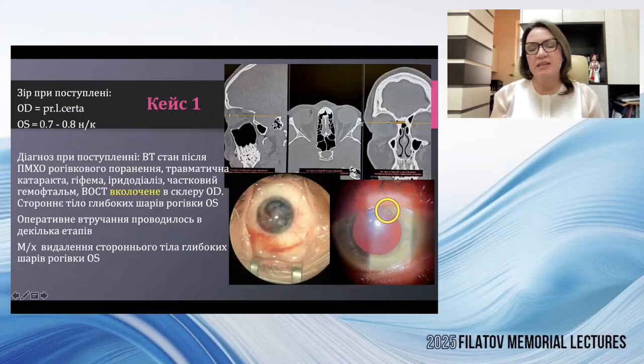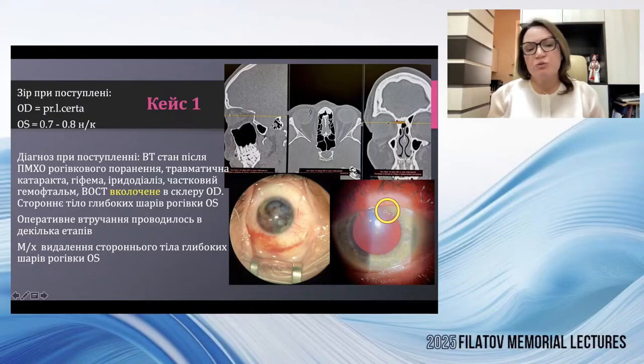As an example, here are several cases. A young girl arrived with bilateral damage of both eyes. Her diagnosis was explosion trauma, with hyphema, hemophthalmos, iridodialysis, and an internal foreign body of the eye.